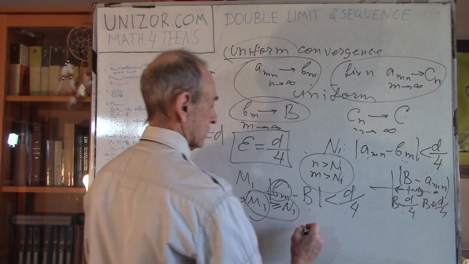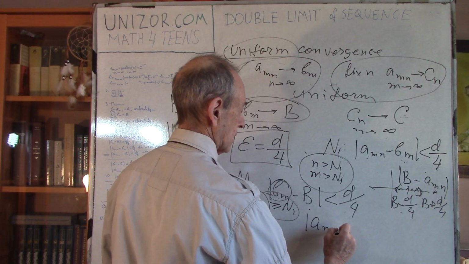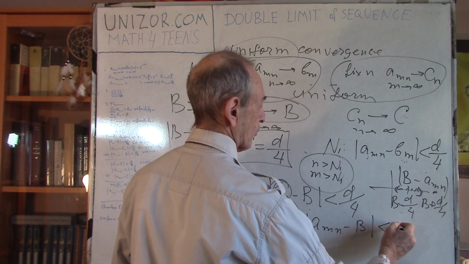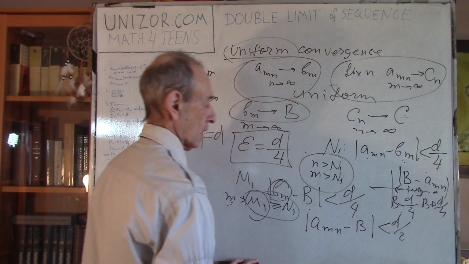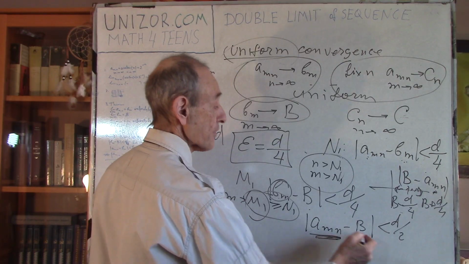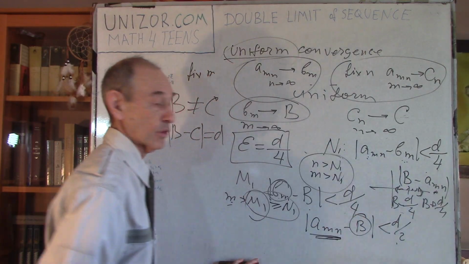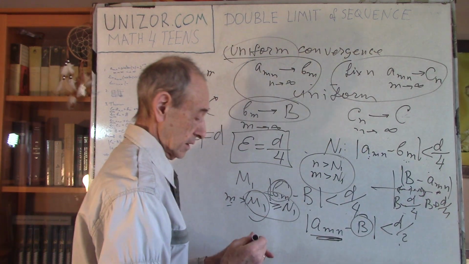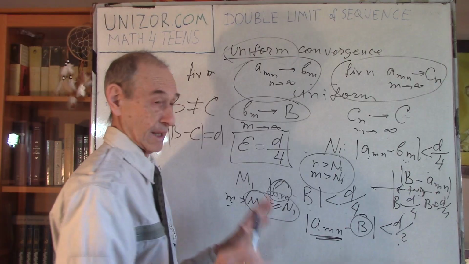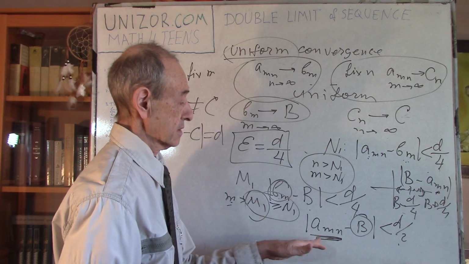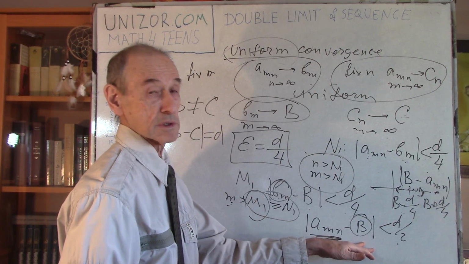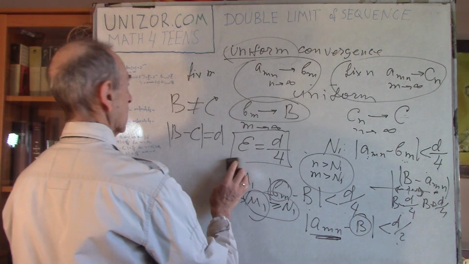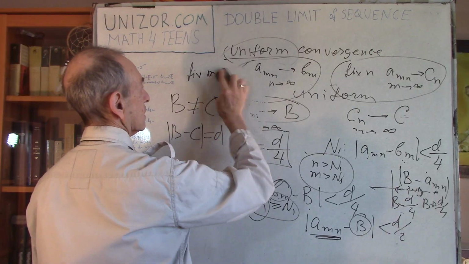Well, it means that the difference between a_mn and b is less than d over 4 plus d over 4, which is d over 2. So a_mn is no further than d over 2 from b. Okay, now I will prove exactly similarly that a_mn is closer to c than d over 2. And here it is. Again, it's absolutely the same.